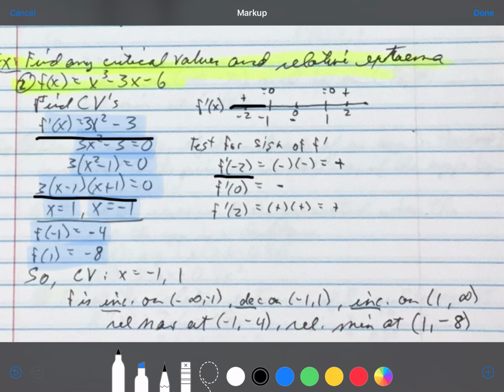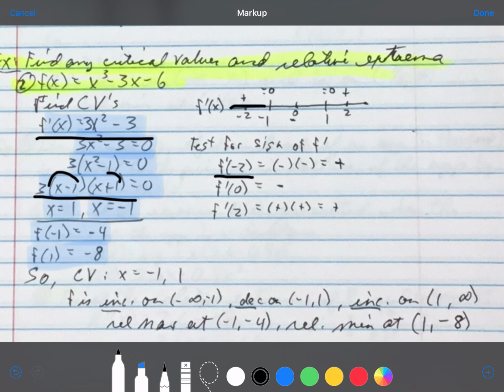And since we're really only interested in the sign of that first derivative, we don't care about the actual value of the derivative. All we care about is: is it positive or negative? Because we know where it's positive, the function is increasing. We know where it's negative, the function is decreasing. I don't care about the actual value itself. So you can look at the factored form, and if I plug negative 2 into x minus 1, that's going to give me a negative number.